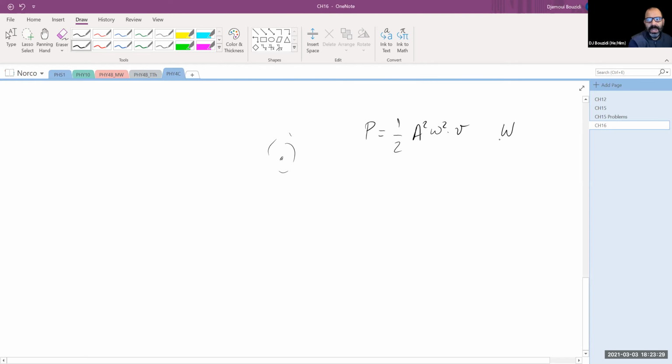This power is expressed in watts, and the intensity is defined as the power over the area over which it spreads, so 4 pi r squared. So the intensity is going to be in watts per meter squared. We don't use this for sound specifically. We use another unit: the intensity in decibels.